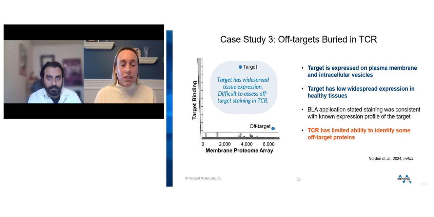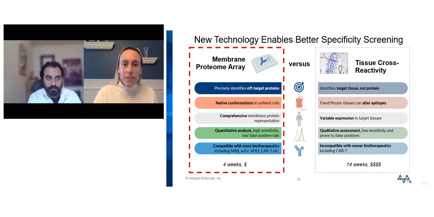Because the target is expressed in numerous tissues, it's likely that the widespread expression made it difficult for the TCR to pick up any additional staining from the off-target. So by looking at these case studies, comparing MPA data to TCR data, it's pretty clear to see that some of these newer technologies, like our MPA, truly enable better specificity screening.